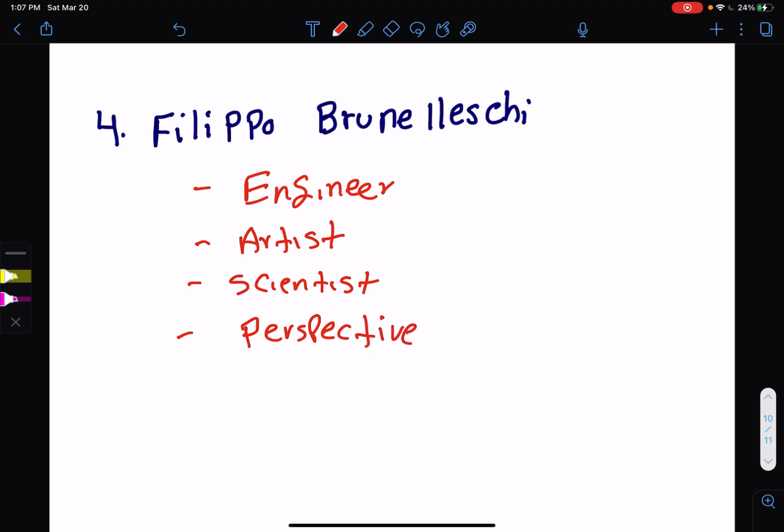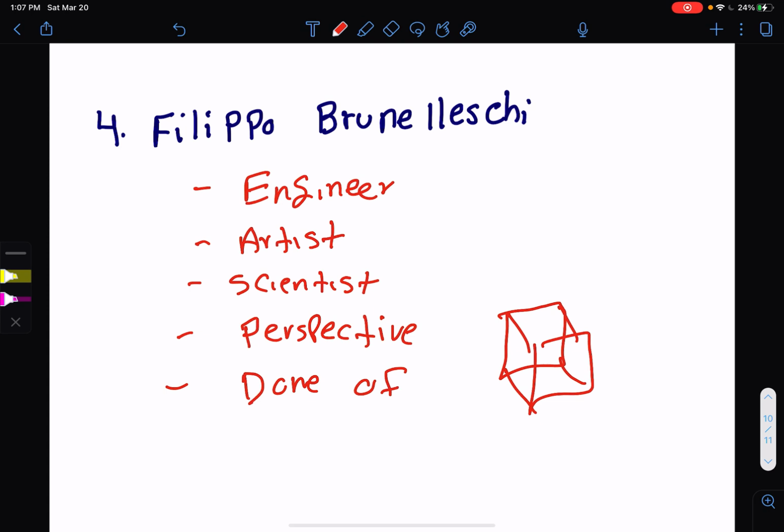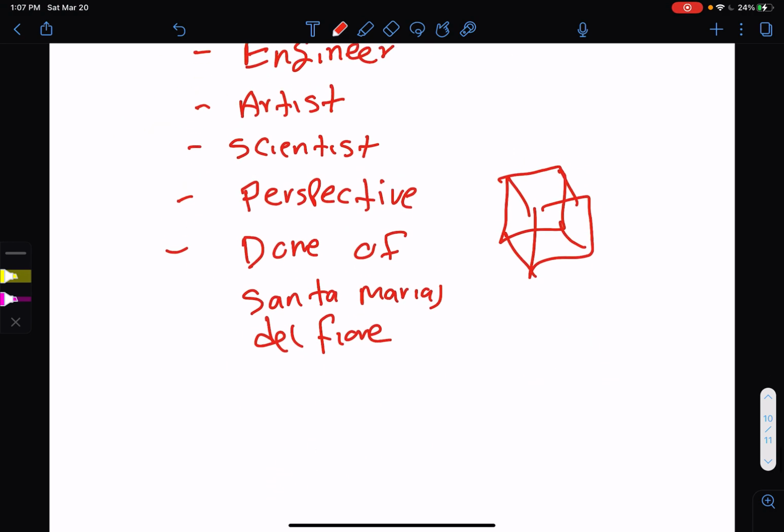That's the idea where you give a sense of depth to something, like a sense of three dimensions. We're going to focus more on him when we focus on art. But right now, his biggest contribution is the dome of Santa Maria del Fiore. Okay, that's his biggest contribution.